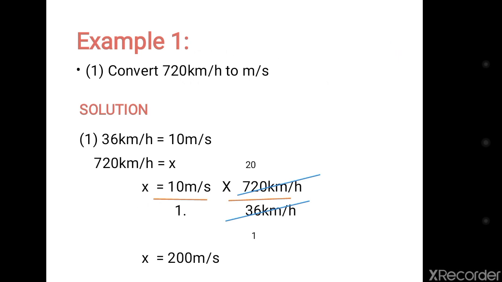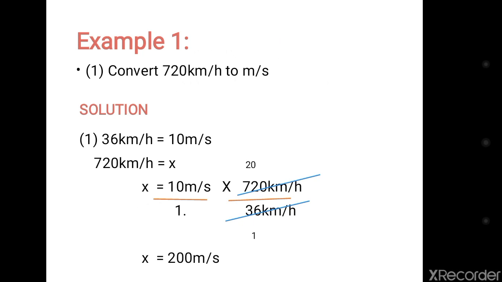Example 1. Convert 720 kilometers per hour to meters per second. Now let's take a look at the solution. Remember, we've been told that 36 kilometers per hour equals 10 meters per second. So 720 kilometers per hour equals the unknown. Unknown can be A, B, or any letter of the alphabet.